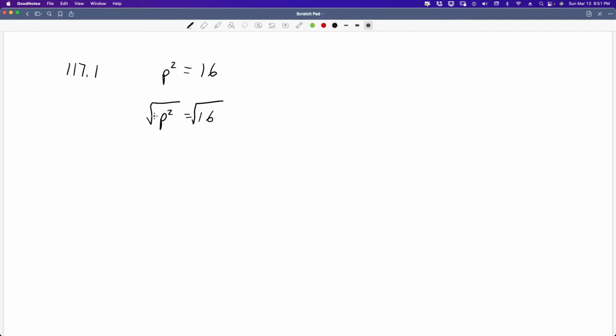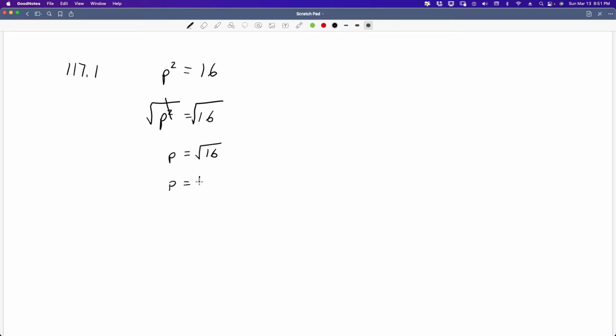So what happens when we ask for 2 identical factors of something that is already squared? They cancel each other out. So we are left with p is equal to the square root of 16. And we know, because we know our multiplication tables, that 4 times 4 is 16. So the 2 identical factors that equal 16 are 4.